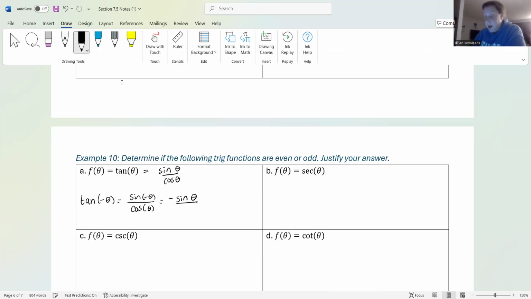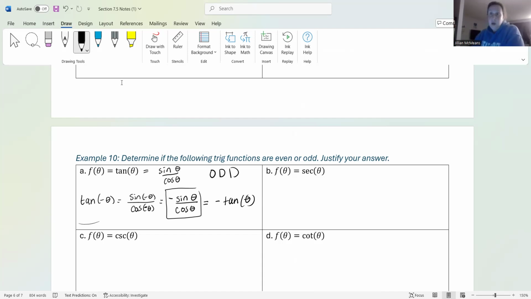And since cosine was even, cosine of negative theta equals positive cosine of theta. So we end up getting that tangent of negative theta equals negative tangent of theta, because now we have a ratio where we have a negative divided by a positive. So this tells me that tangent is also odd because we have a sign change.